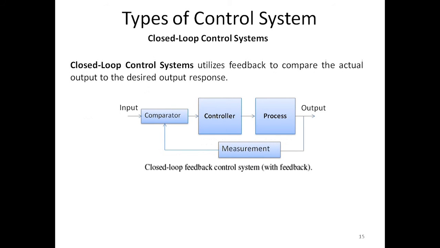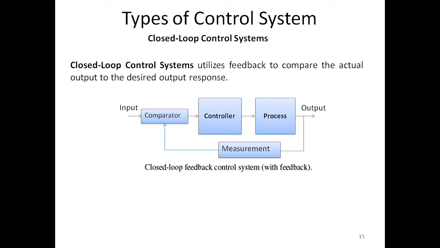Now next is the closed loop control system. It utilizes feedback. By looking at the block diagram, we can easily see the output is measured and compared with the input, then an error is generated which is given to the controller, and the controller manipulates the manipulated variables and the process gives the output, which is nothing but the controlled variable.